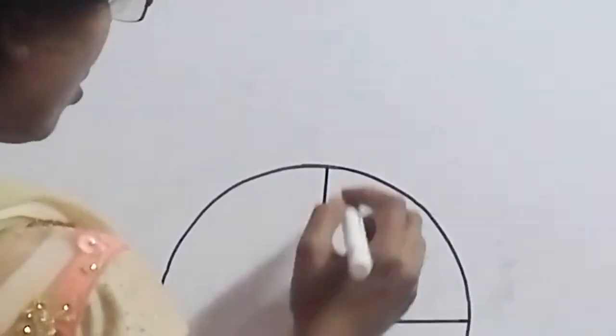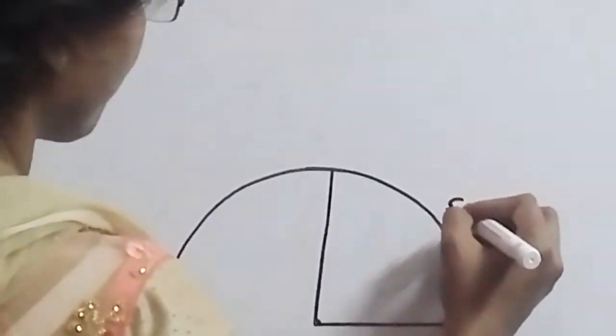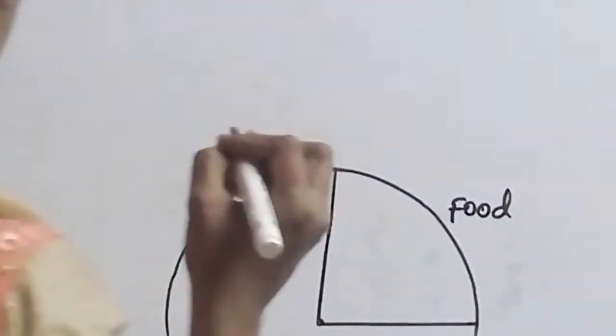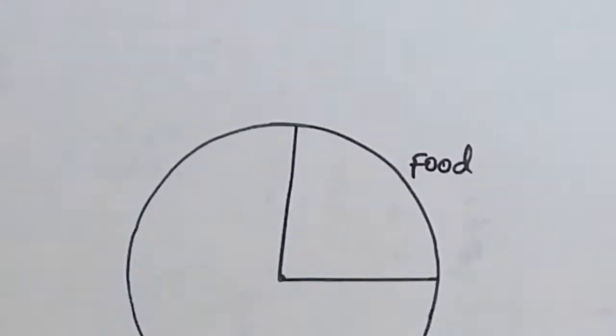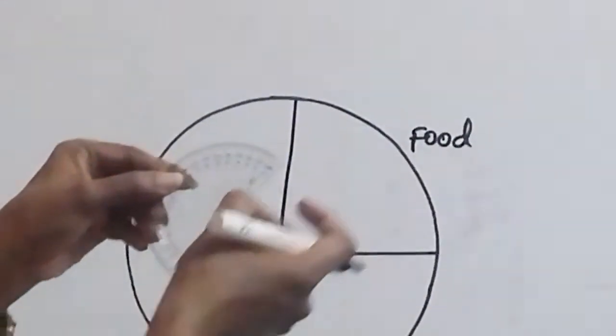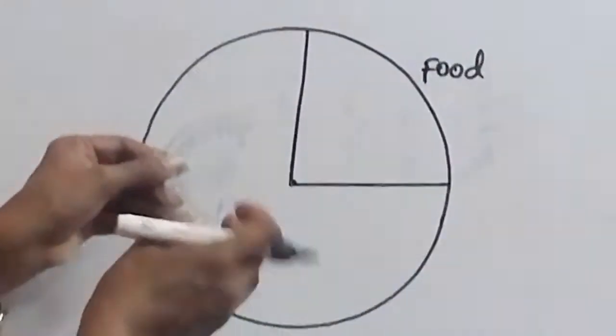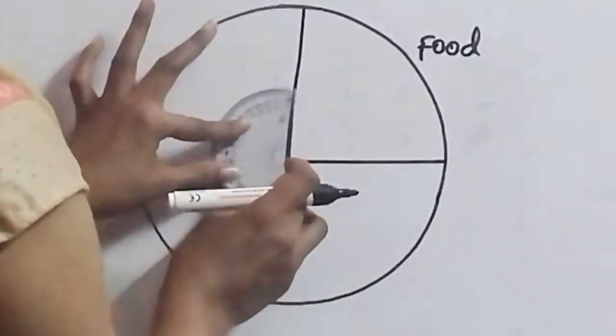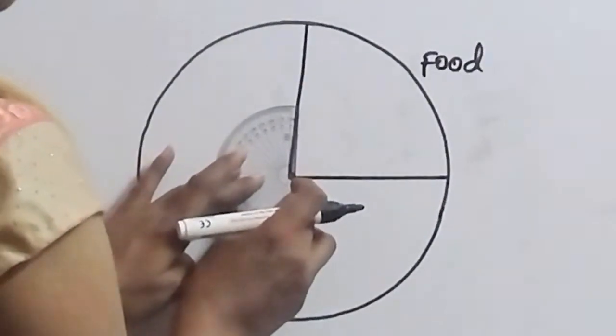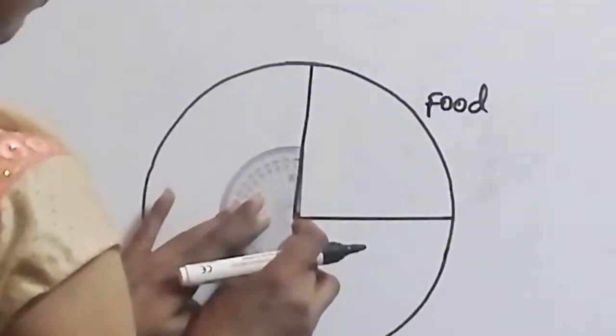So this is your food. For food 83 degrees. For health 42 degrees. Use your protractor and see that the zero, the baseline of the protractor, is touching the line here and the center is matching with the center of the circle.